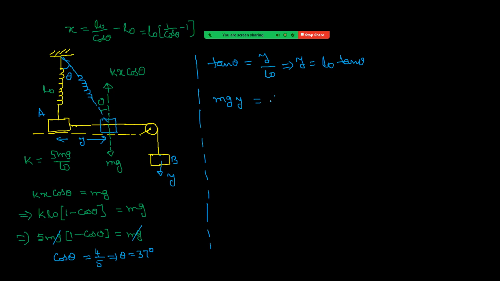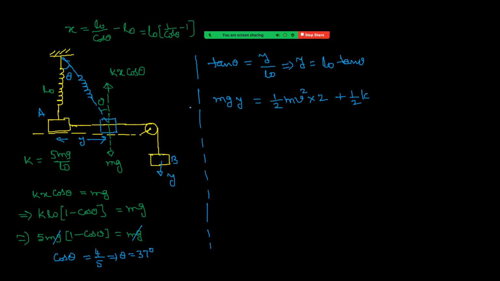So I'm writing here half m v square into 2, because both have the same mass and same speed. That's why into 2, plus half kx square.